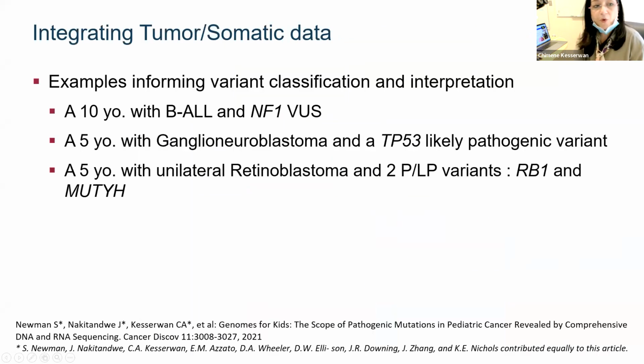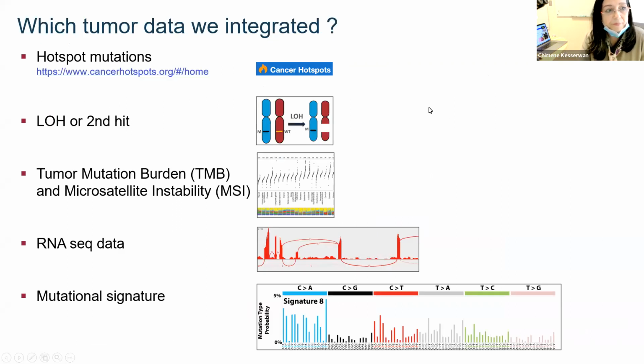So now I will walk you through 3 examples. If we don't have time, we'll go over only 2 examples where integration of tumor data helped refine the classification and interpretation of variants. All these examples and additional examples are included in the Genome 4K paper. But first, what type of tumor data have we interrogated?